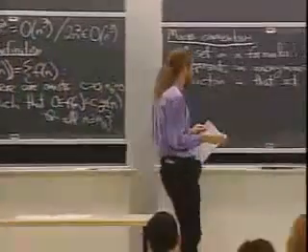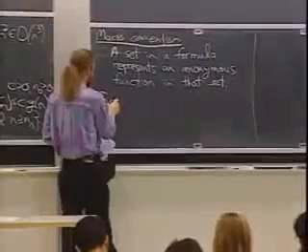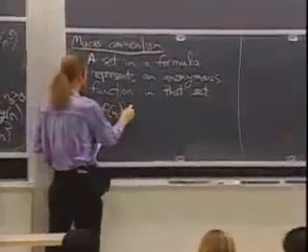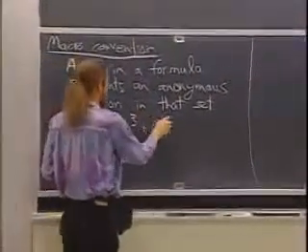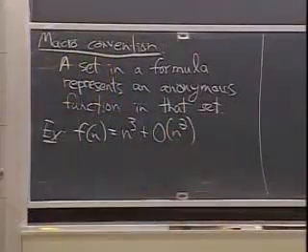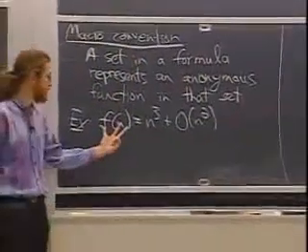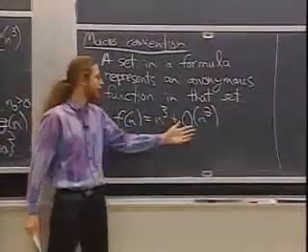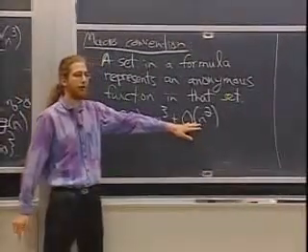So for example, let's say we have f of n is n cubed plus order n squared. So this is attempting to get an error bound. This is saying f of n is basically n cubed, but there are these lower order terms that are big O of n squared.